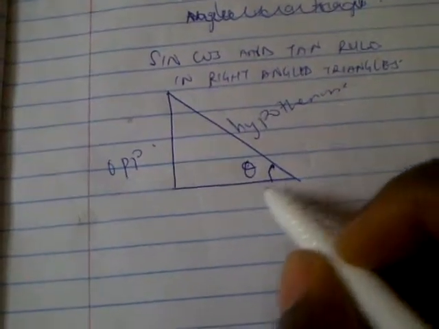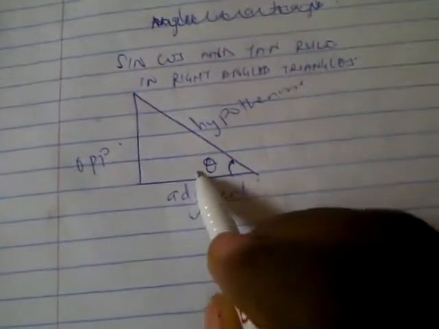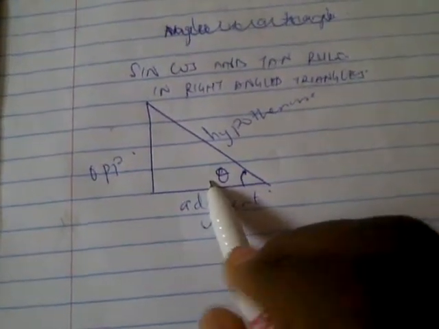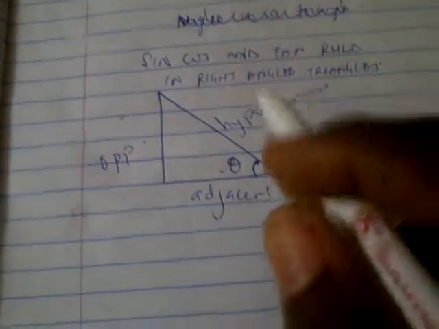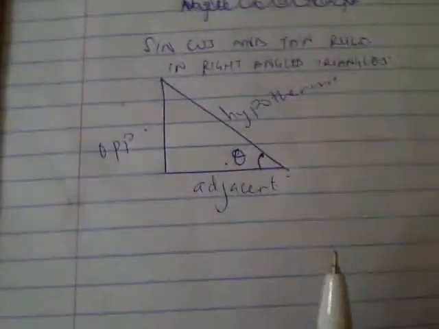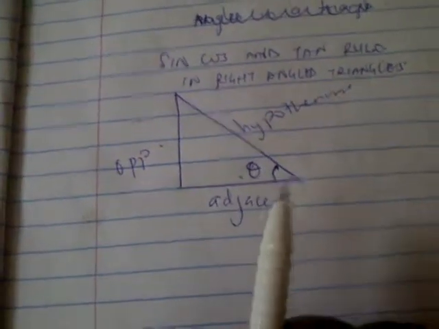Now this is called the hypotenuse, and this is adjacent, because it's adjacent to the angle here. The hypotenuse is the longest side of a right angle triangle.